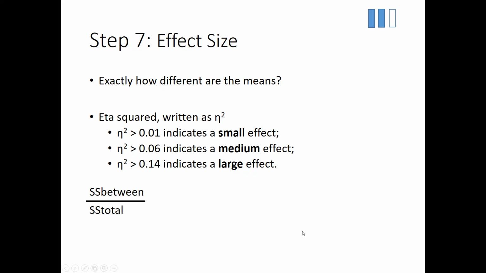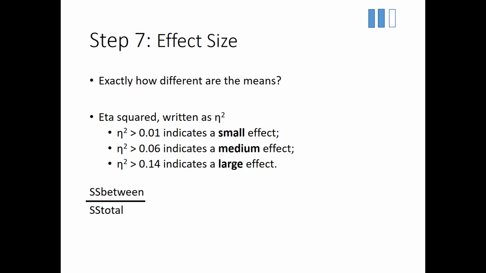There is no very easy way to calculate this effect size in SPSS. So is everybody ready to pull out their calculators? It's actually a very simple calculation. It's measuring the proportion of the variance: the sum of squares between divided by the sum of squares total.